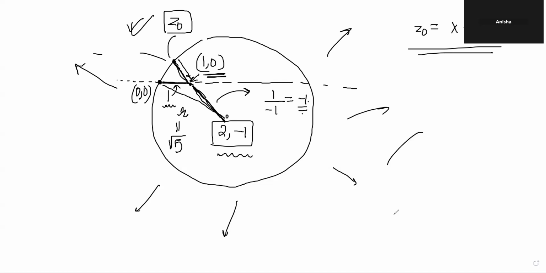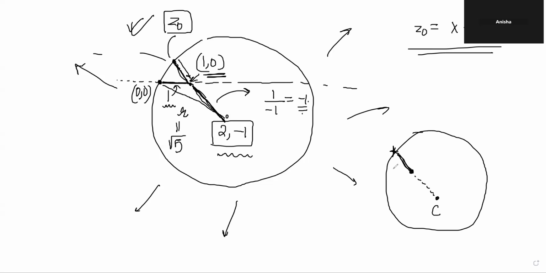But I think the minimum distance from 1 comma 0 would be along the center, because otherwise it is more distance, no? This is the shortest path from center to this. If this point lies on a radius, then that will be short, I think.